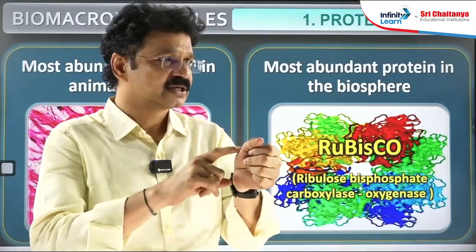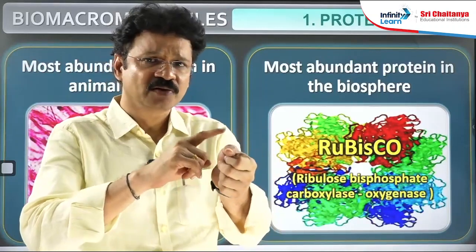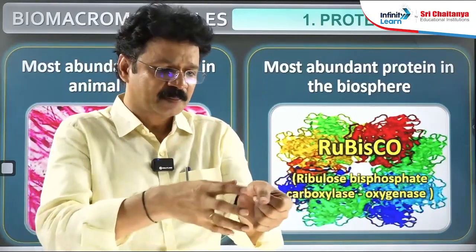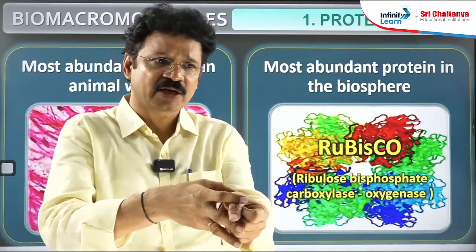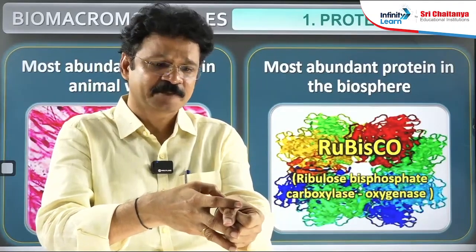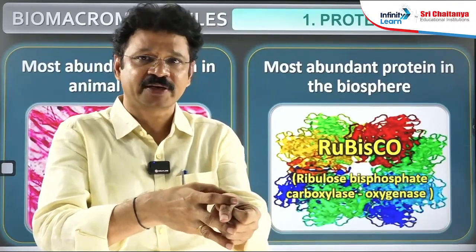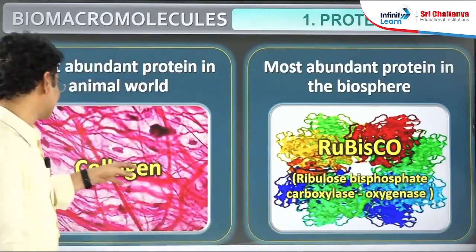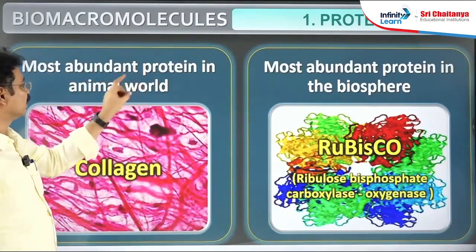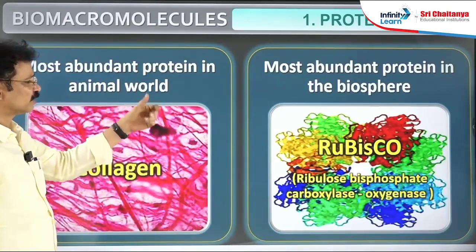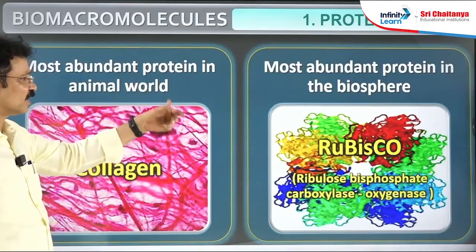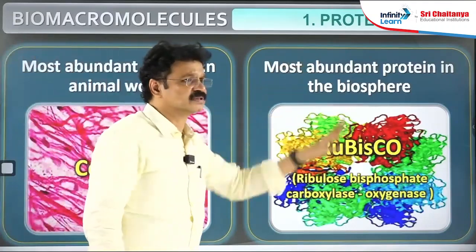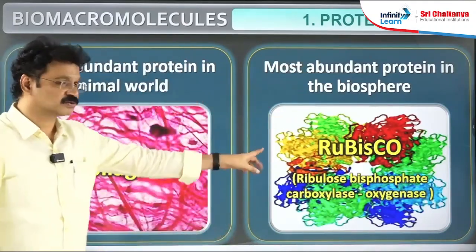It is also present just below the skin. If you apply pressure on the skin, there is not much damage, because just under the skin there is collagen protein. So collagen is the abundant protein in the animal world. In both the animal and plant world, the entire living world, the abundant protein in the biosphere is rubisco.